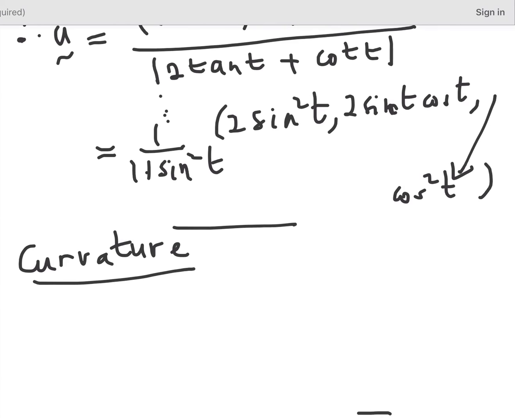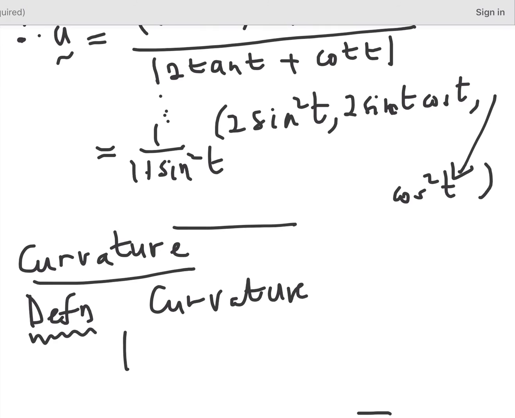So in this definition, we define the curvature and represent it by kappa. So the curvature kappa is defined as the mod of the derivative of your unit tangent vector with respect to the arc length variable s.